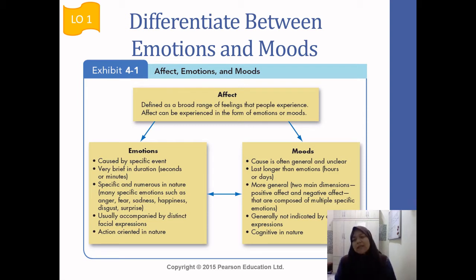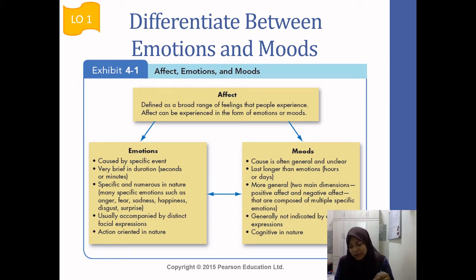You rasa moody kan, minggu tu rasa macam tak ada mood, rasa macam tak tahu nak cakap, kadang rasa macam sedih, kadang rasa macam annoying. So that kind of feelings, okay? So emotions are specific and numerous in nature. Ada banyak. Sometimes we feel angry, sometimes we fear, sometimes we feel happy, sometimes you are sad. So it's very clear and specific.